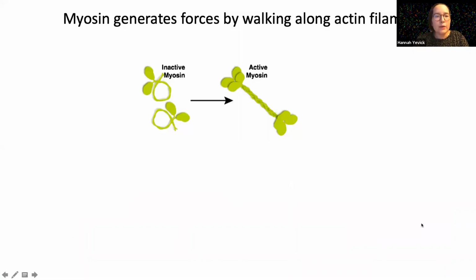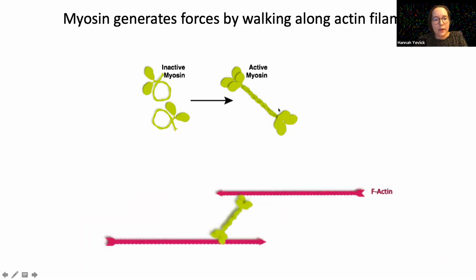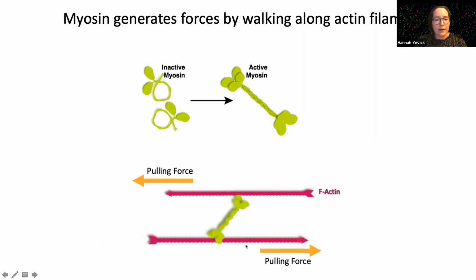And so what we know is that this tissue folding event is driven by the motor protein myosin, which when it's in its active conformation, organizes into these mini filaments where motor heads are pointing outward. And these motor heads walk along anti-parallel F-actin fibers, creating a pulling force.